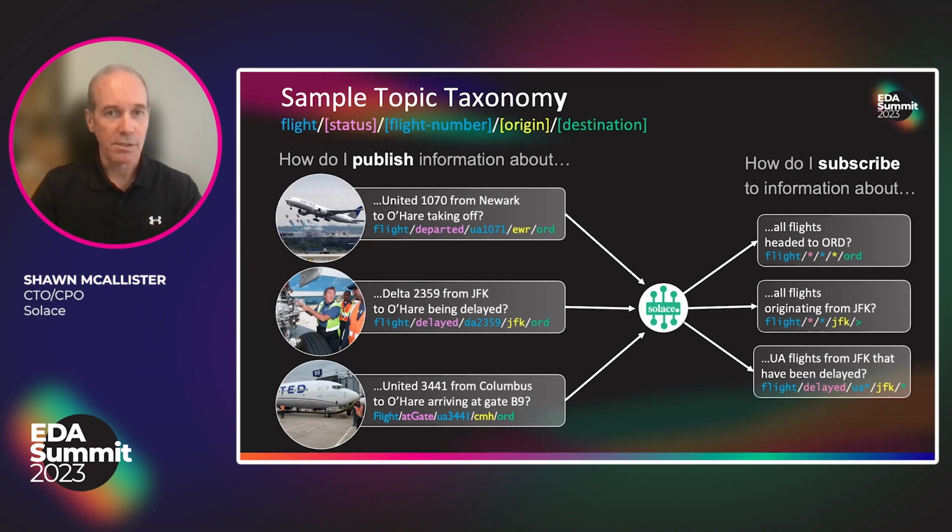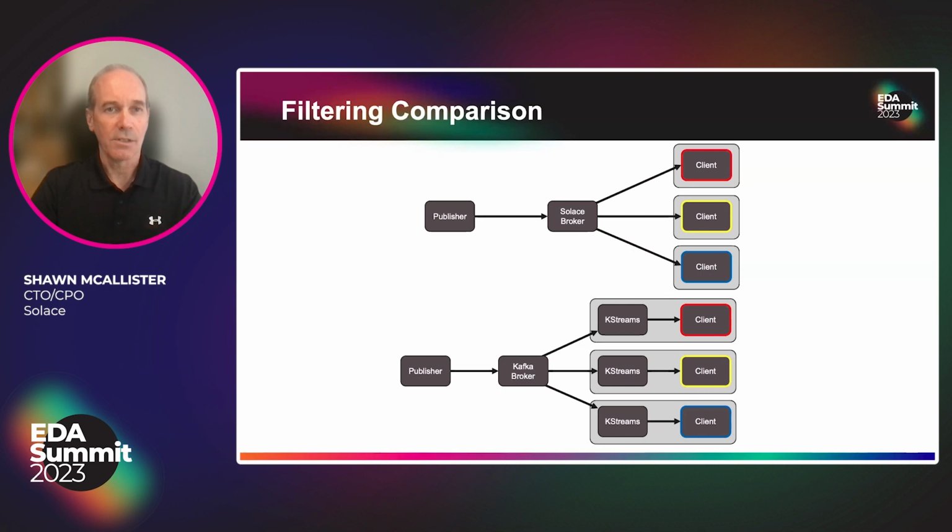And the net result of that is that if you look at the top there, as you publish all these events into a Solace event broker, only the red, yellow, and blue events, or only the certain type of flight events, are sent to each consumer. And in contrast, if you have a log-based broker, then all flight information is sent to all consumers and needs to be filtered and then presented to the application.